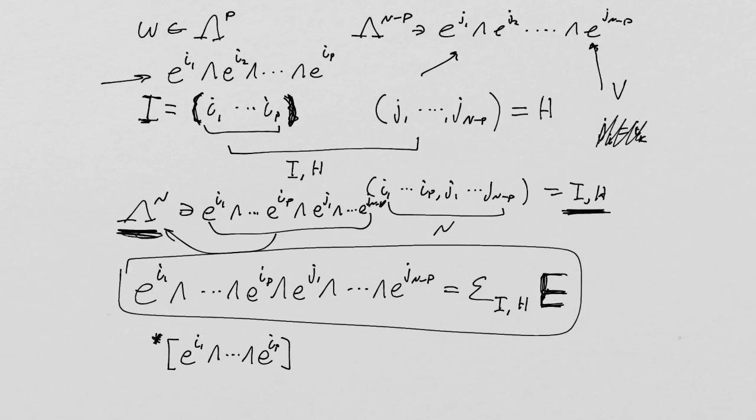That's essentially saying the Hodge dual of a basis vector of the pth exterior power, right? Because I could choose I1 to Ip to be strict. And if I do, then it's a strict basis vector of the pth exterior power. But the Hodge dual of any construction of that form, strict or not, is going to equal the following thing.